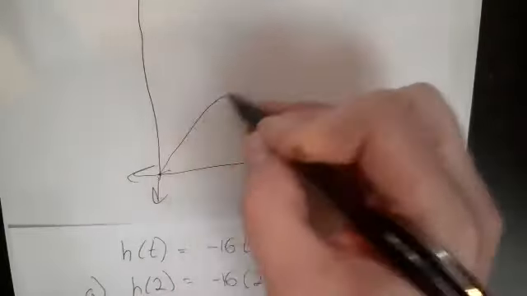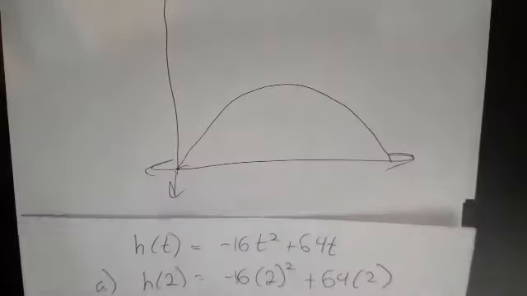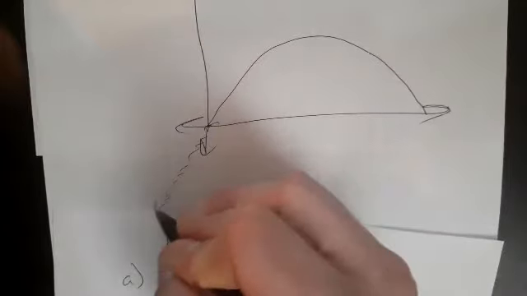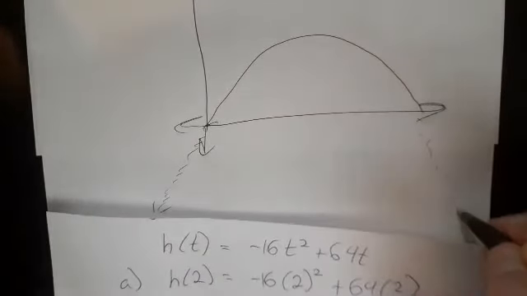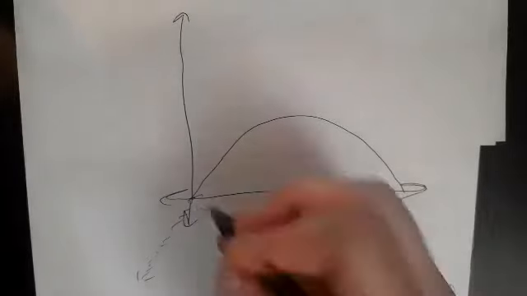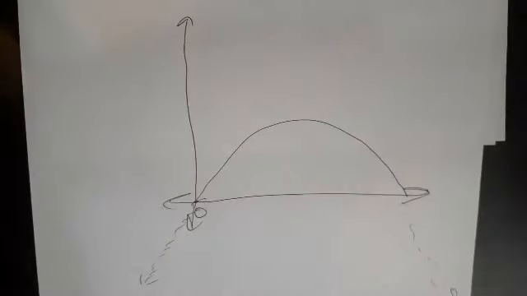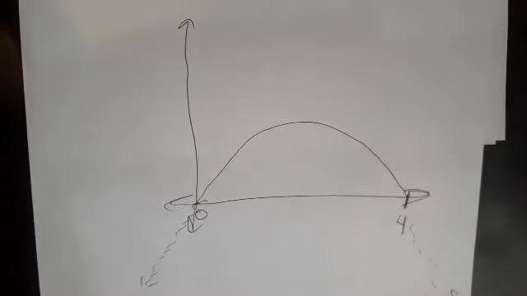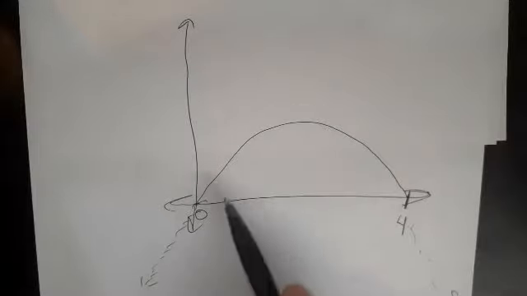So it looks something like this if you wanted a graphical representation. There is more to this parabola, we're just not thinking about it. We're just cutting this thing off. Here at 0 seconds it is at 0 feet. Over here at 4 seconds, it is going to hit the ground. It's going to go up and come down, is what this says.